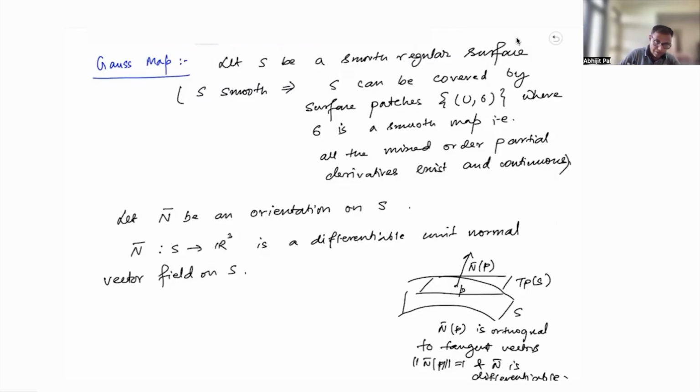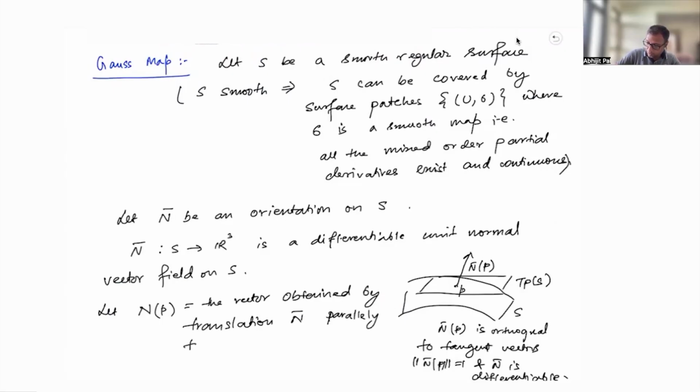Okay. And let N_P be equal to the vector obtained by translating n bar parallelly to the origin.